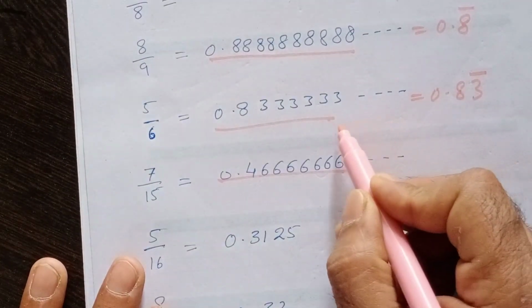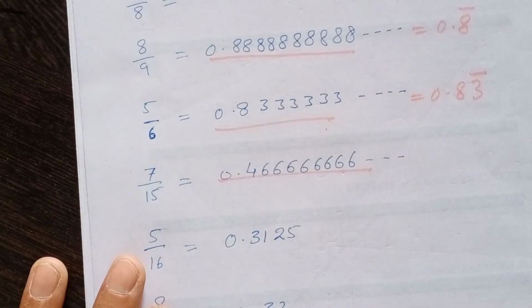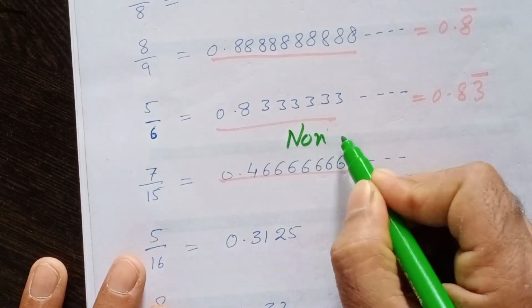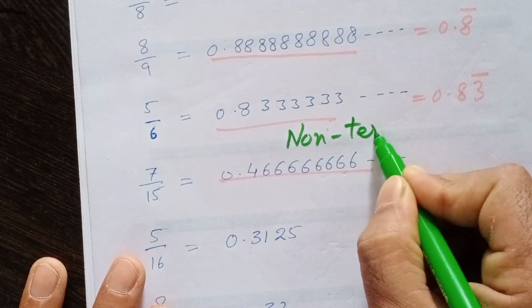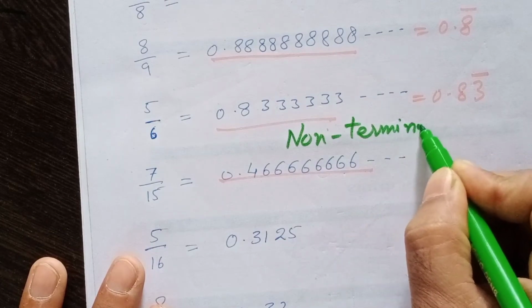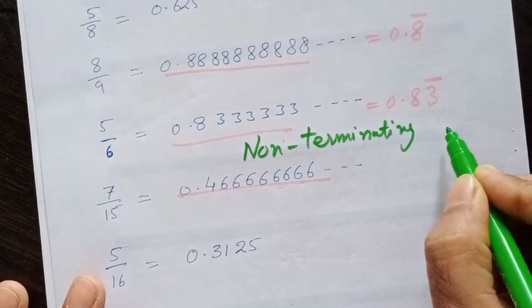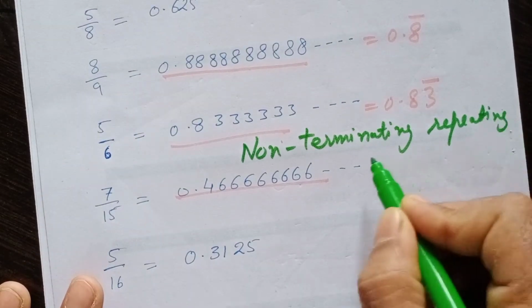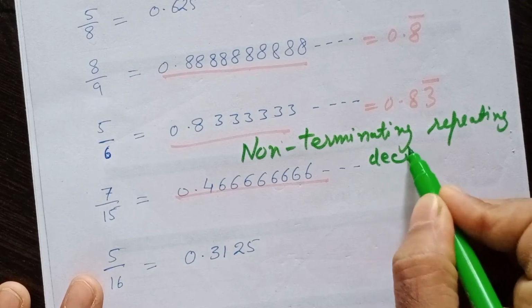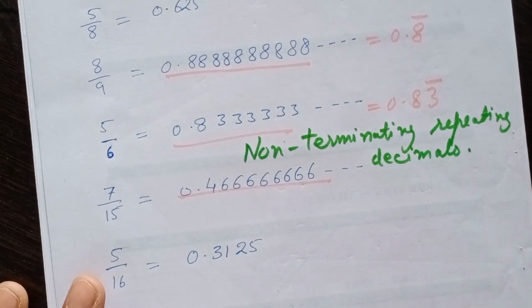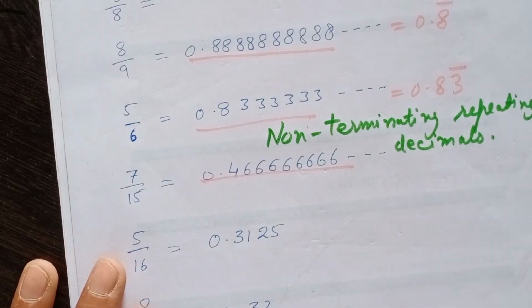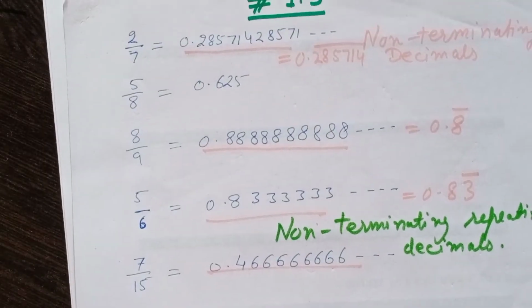We can write here, let me write with another color, non-terminating repeating decimals. Repeating, you understood?